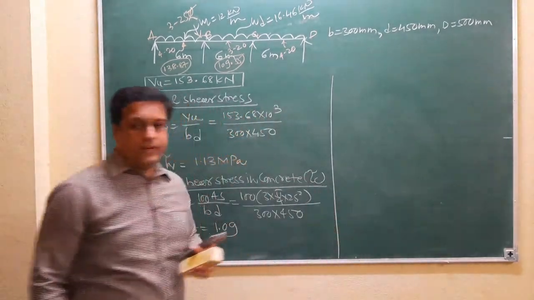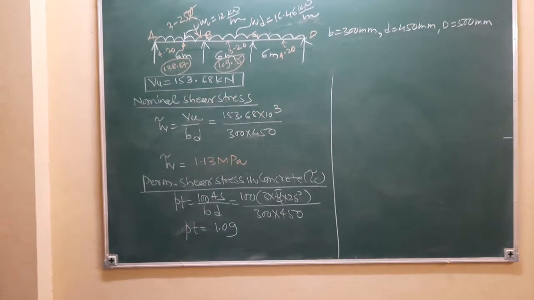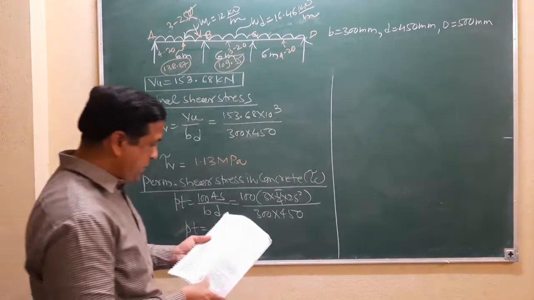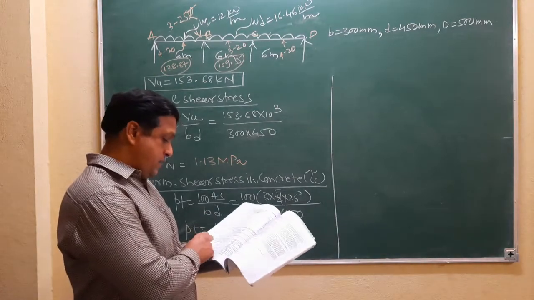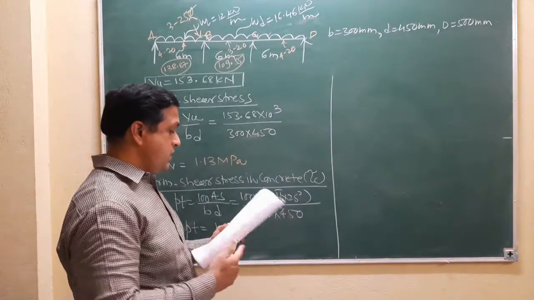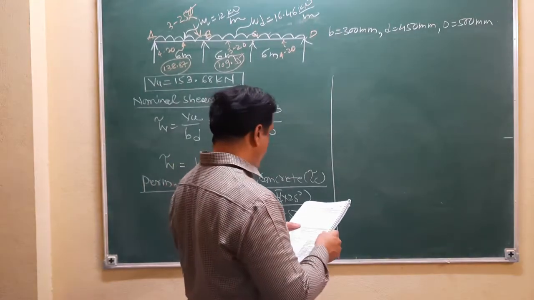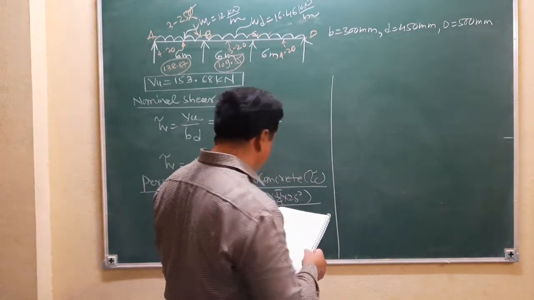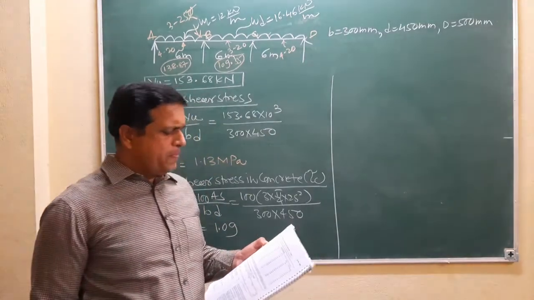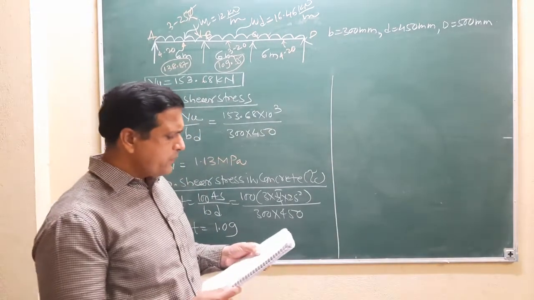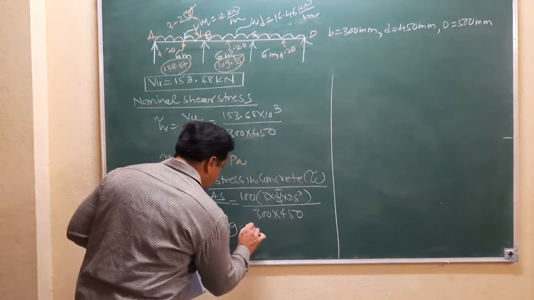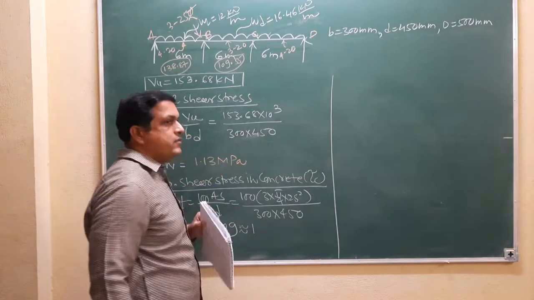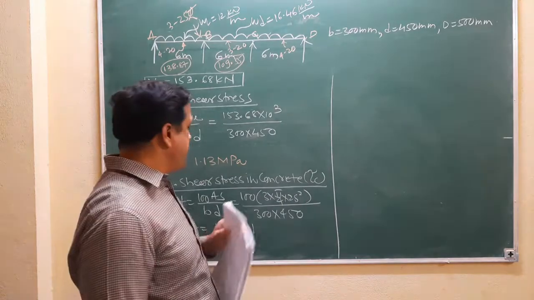Now with reference to IS 456, page number 73, the value 1.09 is nearly 1, that is 1%.